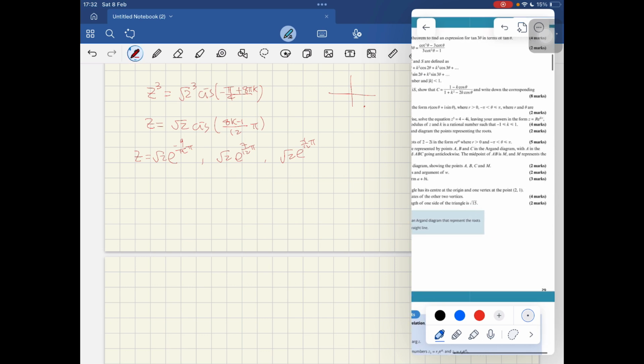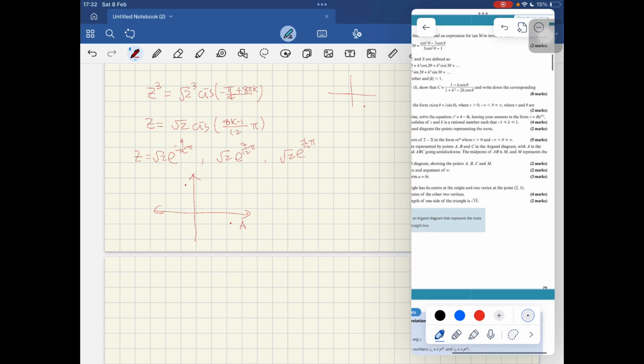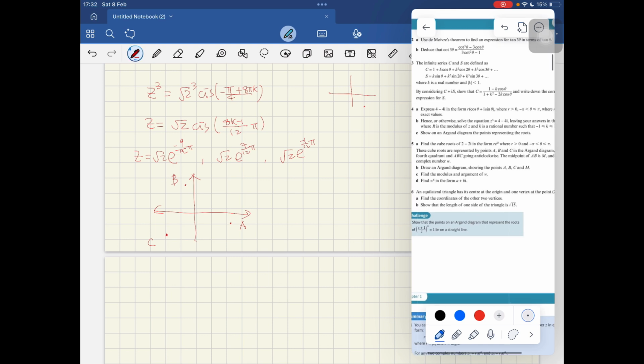So those are A in the first quadrant. So now here this is A, and going anticlockwise, B. So C, like this. So all of them are a distance of square root of 2 from the origin.